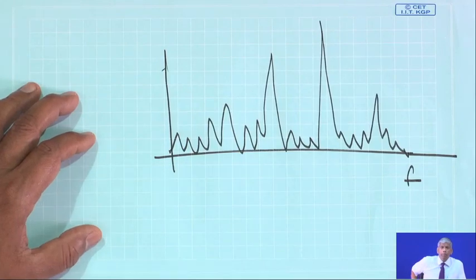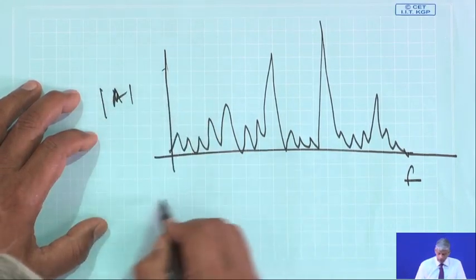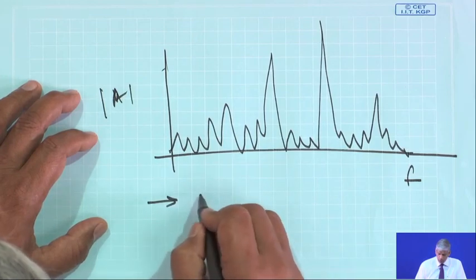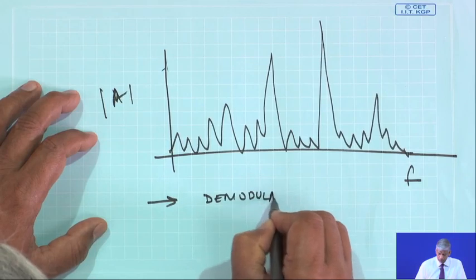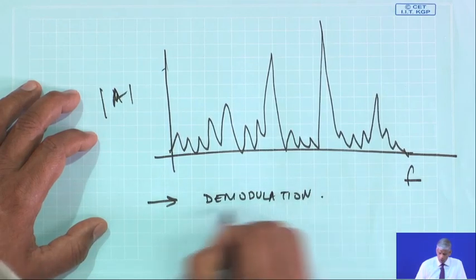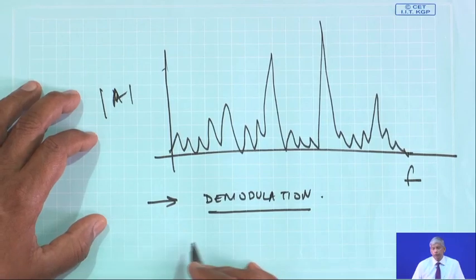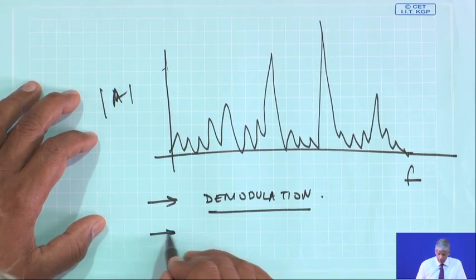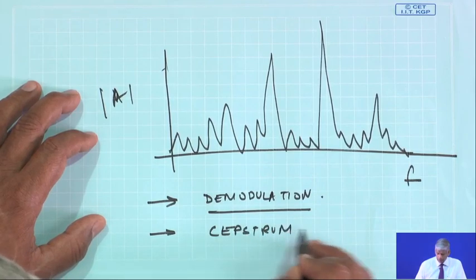And that is why, for detection of side bands, either we have to do what is known as demodulation, or to classify or group a family of sidebands, we have to do what is known as subsystem analysis.